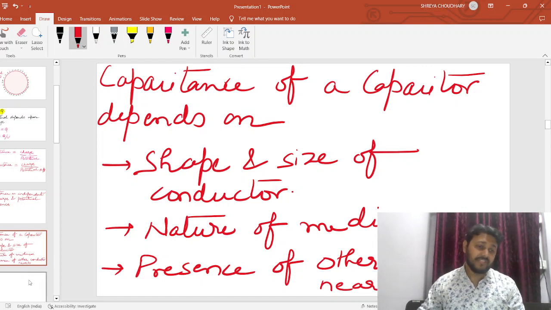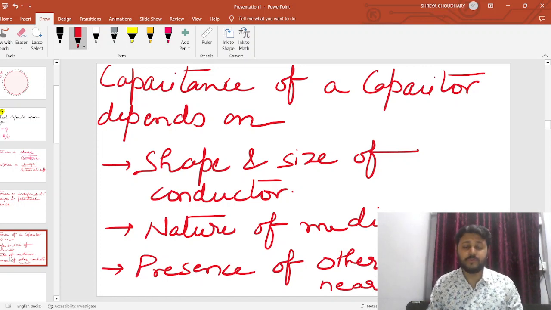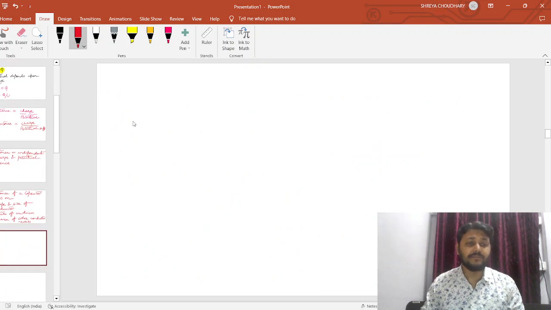You might be thinking, is it dependent on the nature of the material or not? So I must clear you that the capacitance of a capacitor remains independent of the nature of the material.